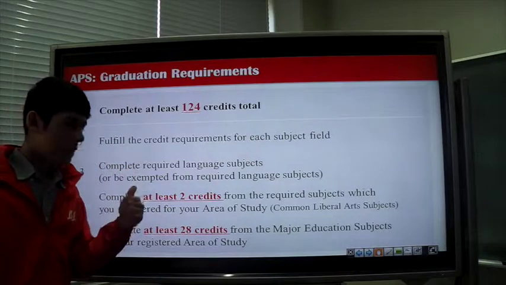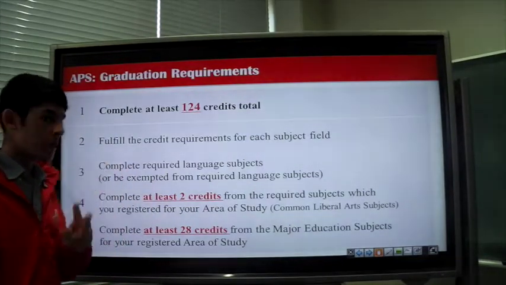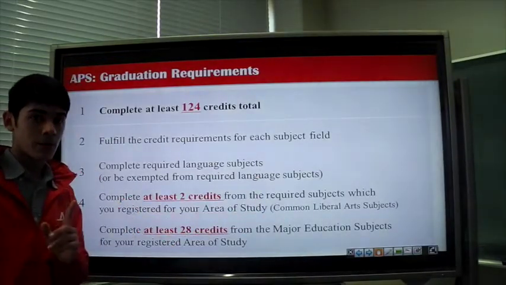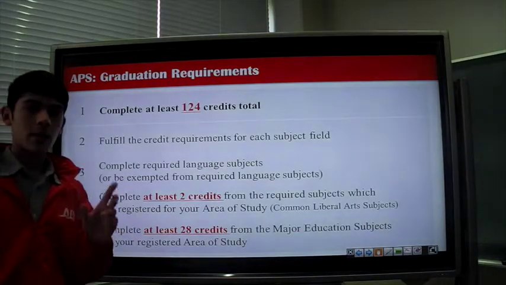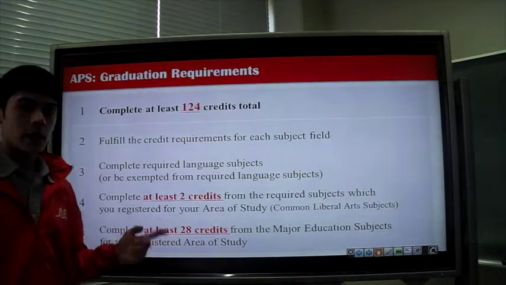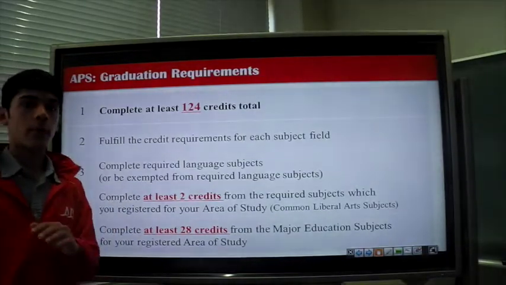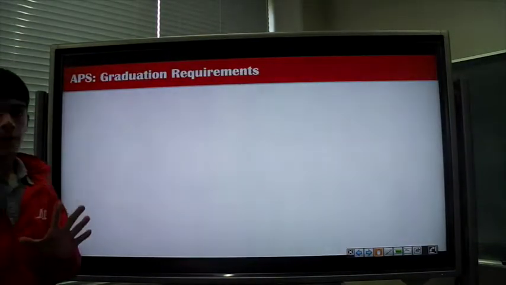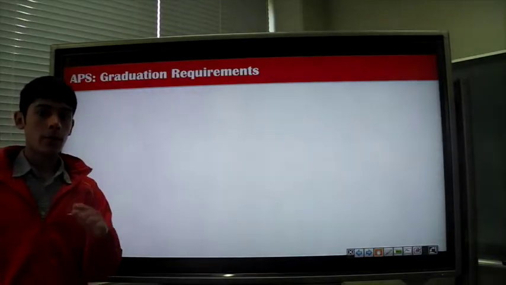As I said just before, after you register for your area of study, there are some specific subjects for 2 credits, and these are common liberal arts subjects, not APS majors. The fifth one is to complete at least 28 credits from your major education subjects for your area of study. So it's also a requirement after you decide your area of study. These 5 points are really important. I will explain each in detail one by one.